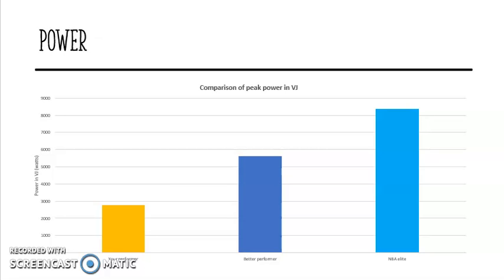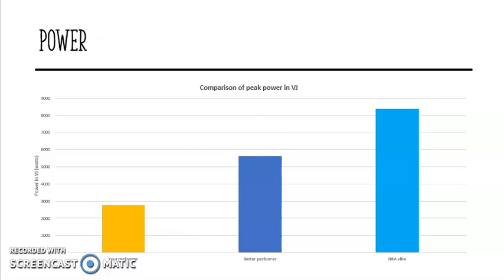The NBA athlete's peak power was 8,362 compared to my performer, whose power was only 2,754. There is a big difference of 5,608 between the two scores, when the better performer's score was 5,622. So the difference between the two athletes is roughly the same as what the better performer managed to produce.